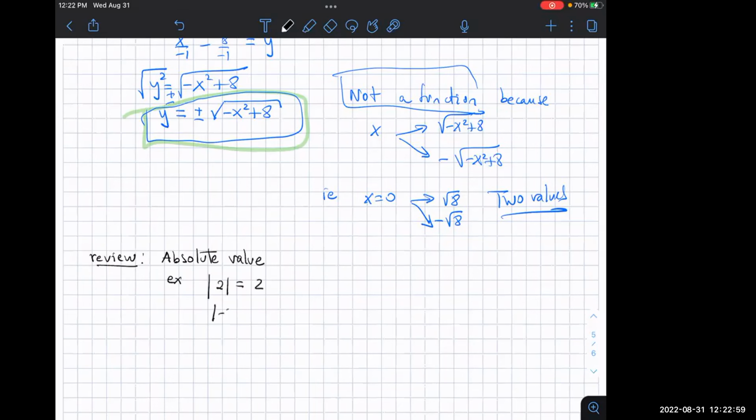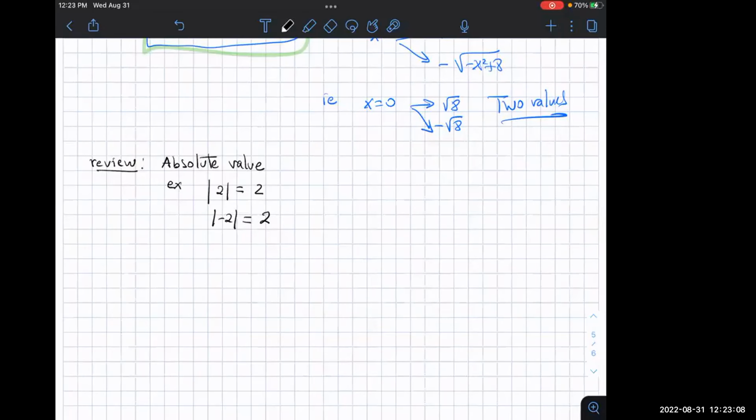What is the absolute value of -2? 2. Keep that in mind: the answer for the absolute value of a number is always positive, and if the number is negative, the answer still has to be positive.